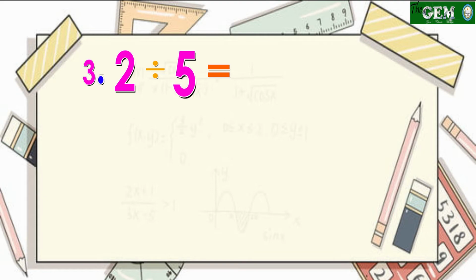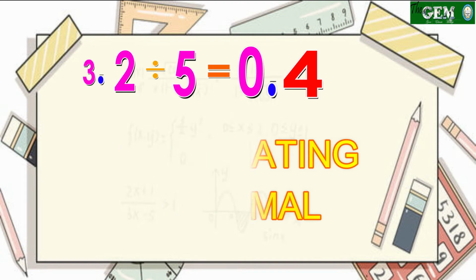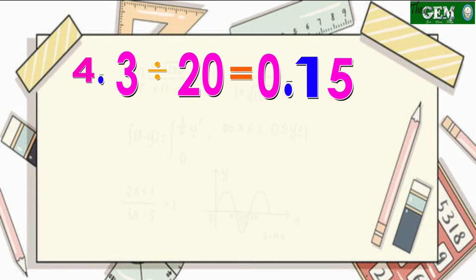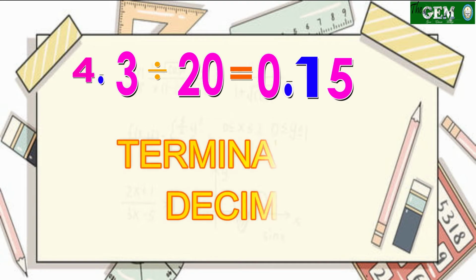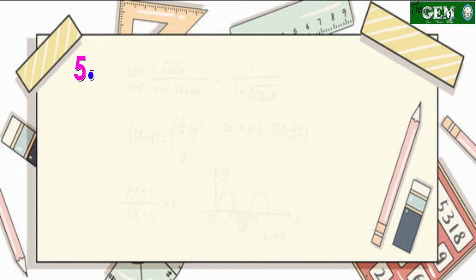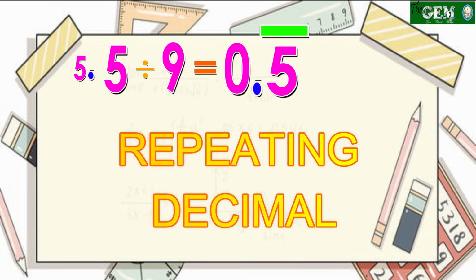The answer is 4/10, and it is a terminating decimal. Next, 3 divided by 20. The answer is 15 hundredths, and it is a terminating decimal. Next, 5 divided by 9. The answer is 5/10 with a bar at the top of 5, and it is a repeating decimal.